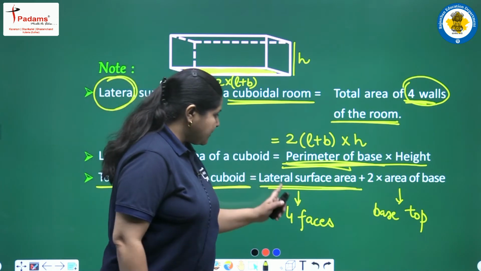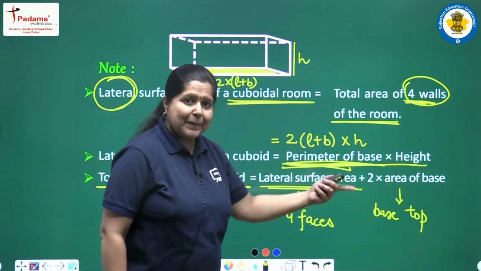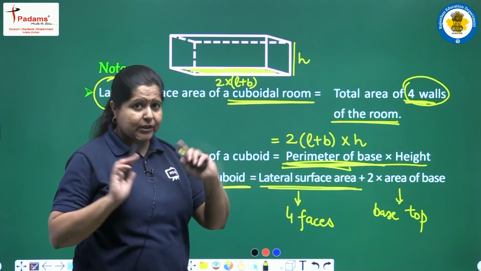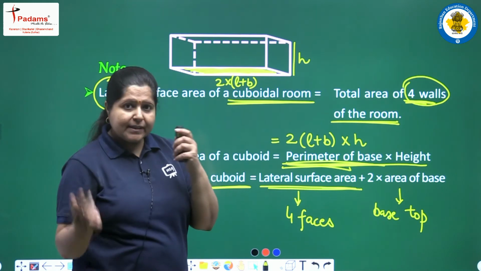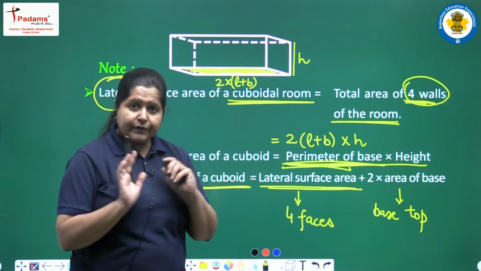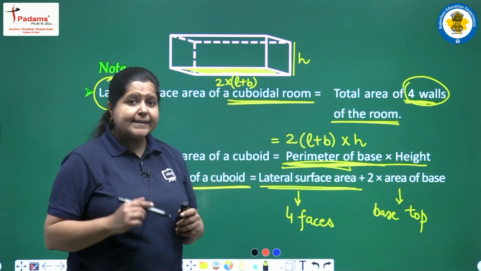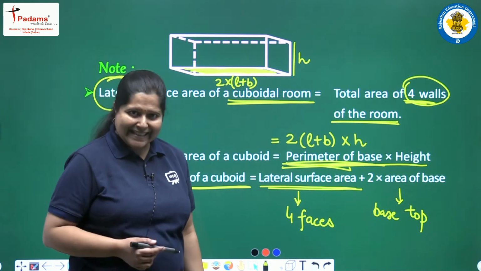It is the sum of the lateral surface area and 2 times the area of the base. आई होप इट्स क्लियर. चारों तरफ की फेसेस हैं उनका एरिया प्लस द टॉप फेस प्लस द बॉटम फेस, या कह लीजिए द लैटरल सरफेस एरिया, area of the 4 faces along the side plus 2 times the area of the base because the top and the base are identical.